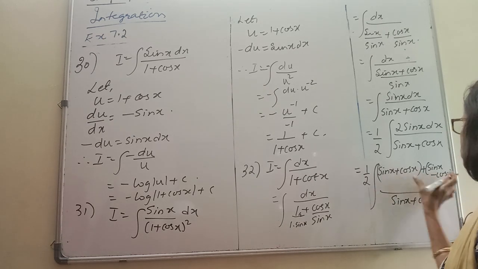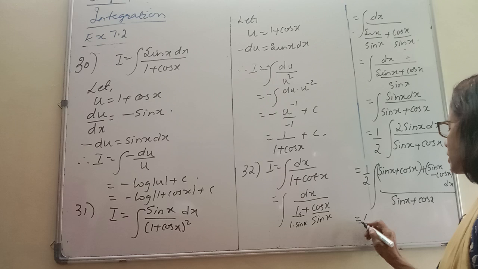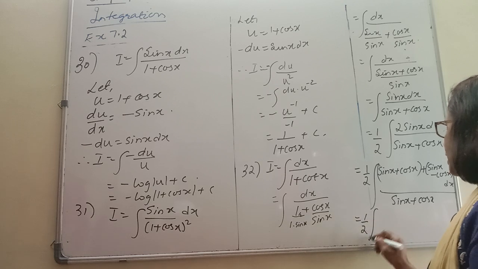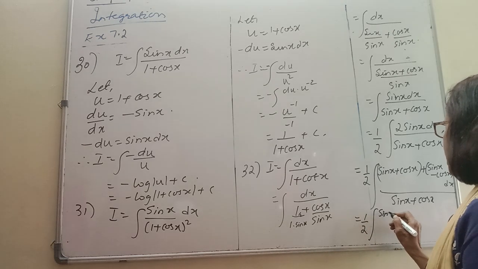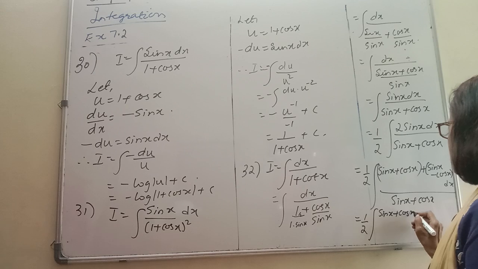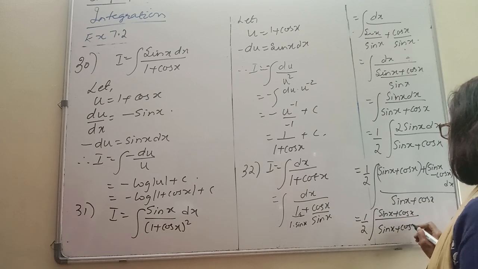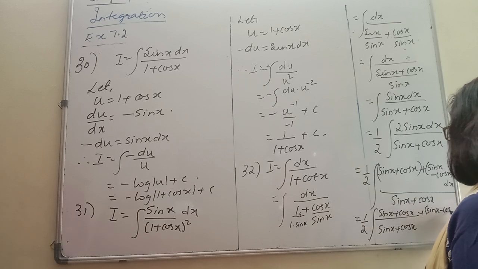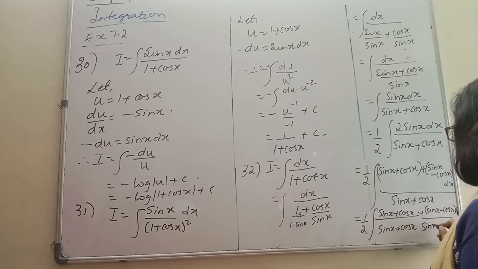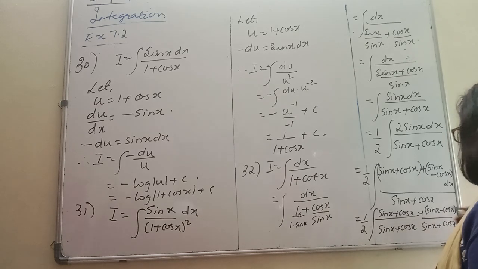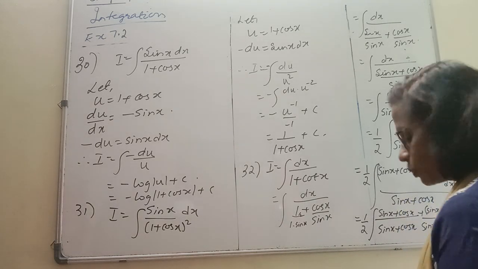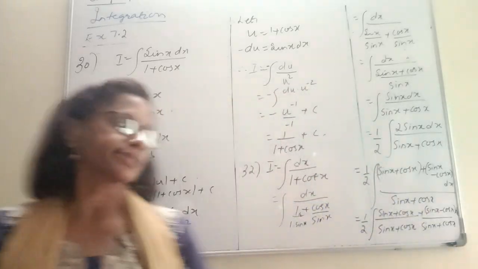Yeah, but we have written it slightly, something that will help us. So since these two terms have got this common denominator, sin x plus cos x, let's treat them separately. Sin x plus cos x over sin x plus cos x, first term. Next term, sin x minus cos x over sin x plus cos x. What's the advantage? The advantage is that you get it simplified.